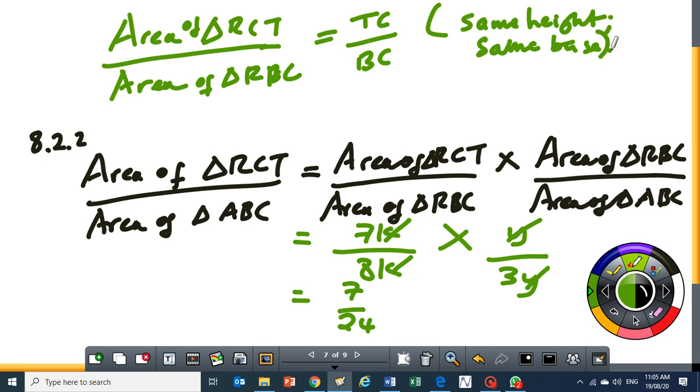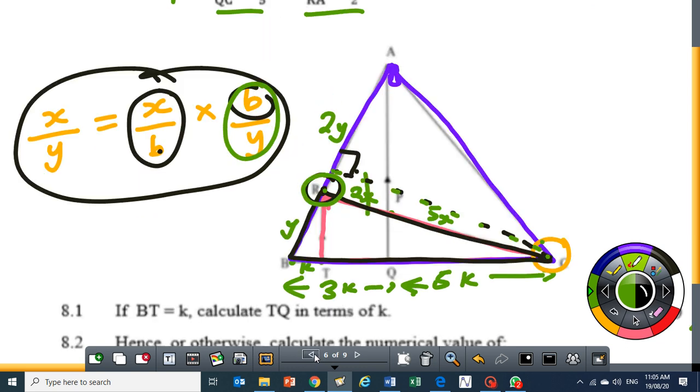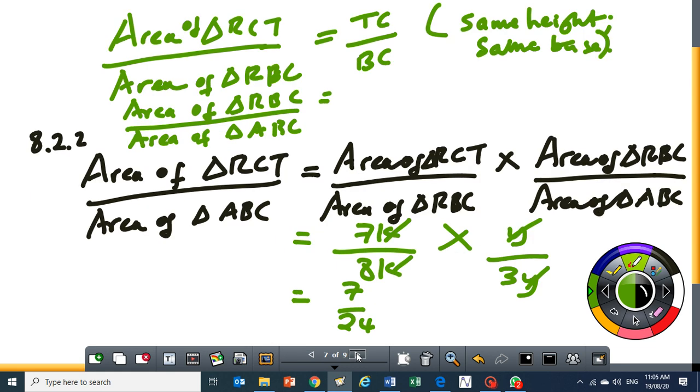Right. For the other one, you also do the same. So that will be area of triangle RBC all over area of triangle ABC is going to be equal to, we put RBC on top, BR over AB.